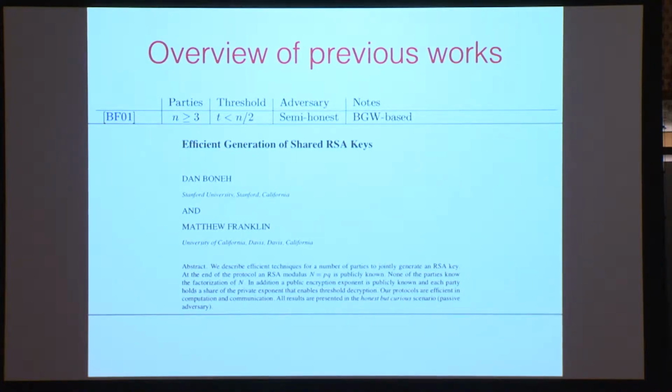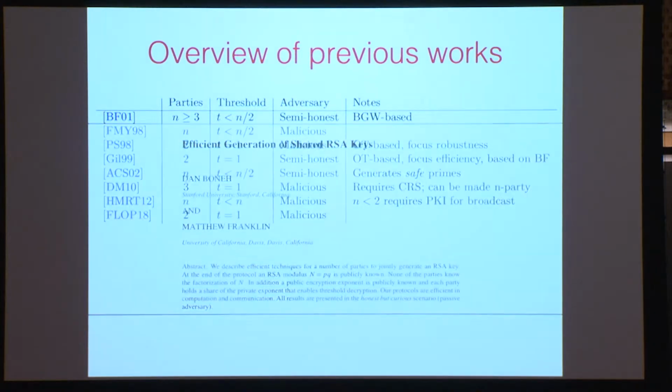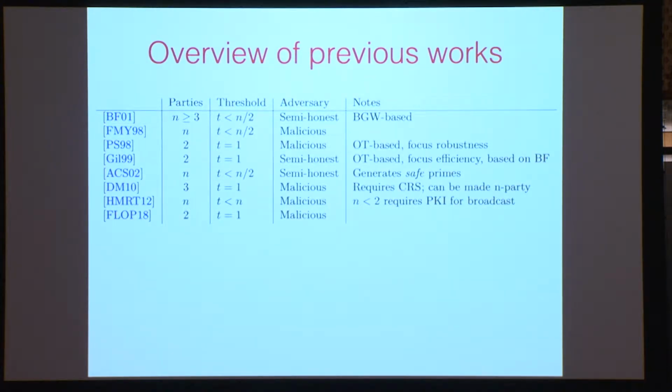When they considered this, they had a framework, and they envisioned a scenario where there was some set of parties with an honest majority. And again, I'm assuming all of you are familiar with blockchains and what the honest majority assumption means. So this was a theoretical framework and a multi-party computation protocol to generate the RSA modulus, and since then there have been a lot of works.